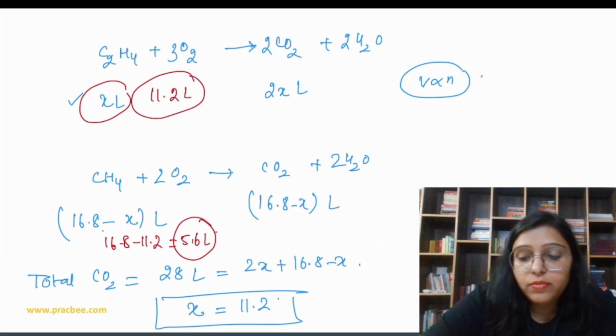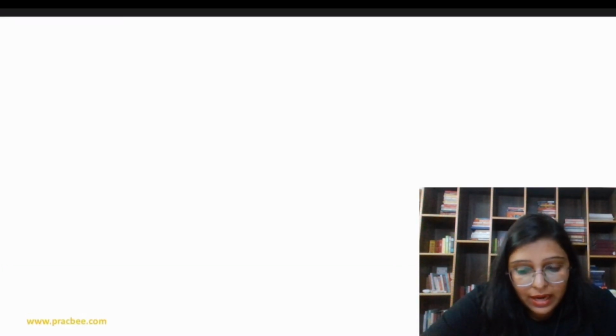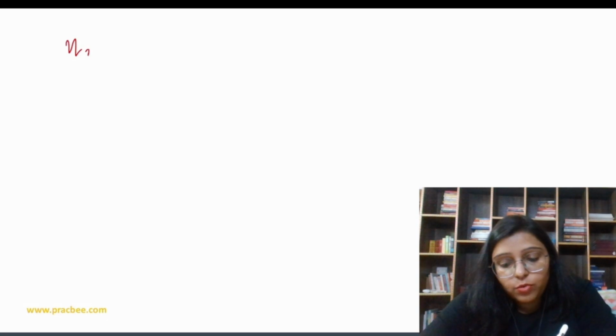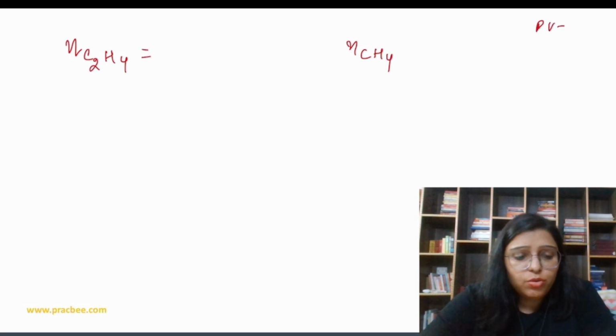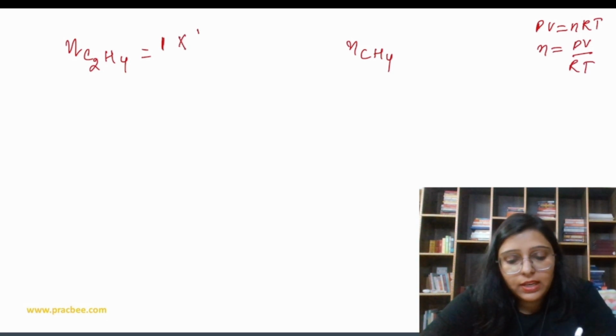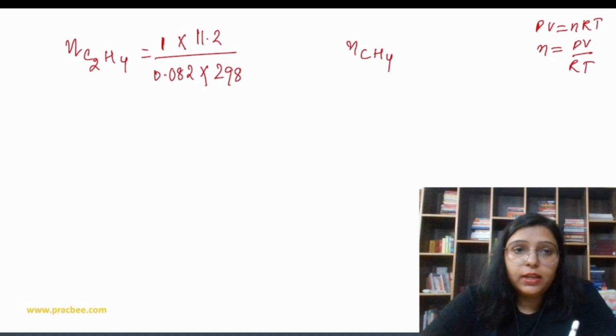Now, how to solve this? Now we have to calculate number of moles of C2H4 and number of moles of CH4. How? PV is equal to nRT. So number of moles is PV upon RT. So pressure is 1, volume of C2H4 is 11.2, R is 0.082 and temperature is 298.